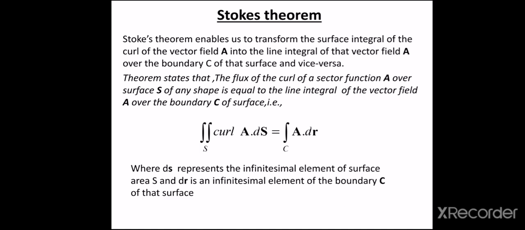That is, double integral of curl A dot ds equals integral of A dot dr, where ds represents the infinitesimal element of surface area S and dr is an infinitesimal element of the boundary C of that surface.